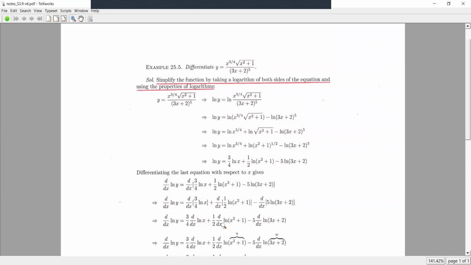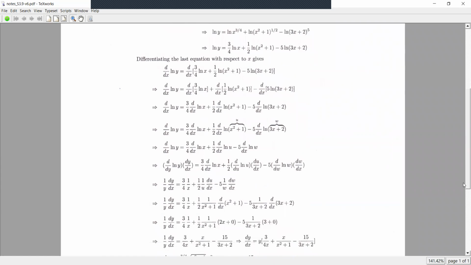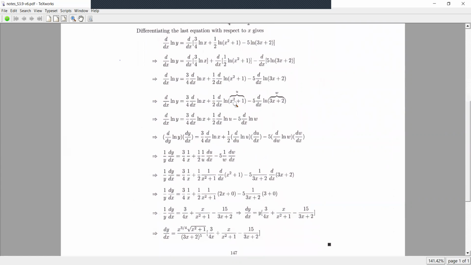Now, simplify this function and this function by introducing intermediate variables u and w. u denotes x squared plus 1. w denotes 3x plus 2. Then I have this equation. In this equation, I have 1, 2, 3, 4 derivatives to compute.